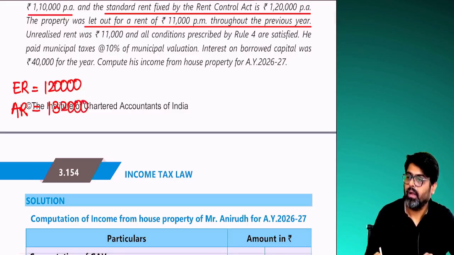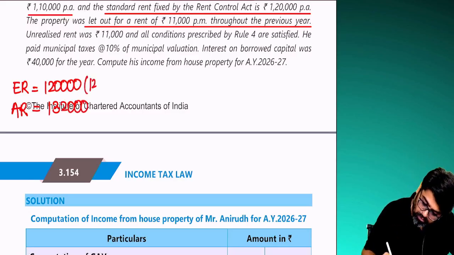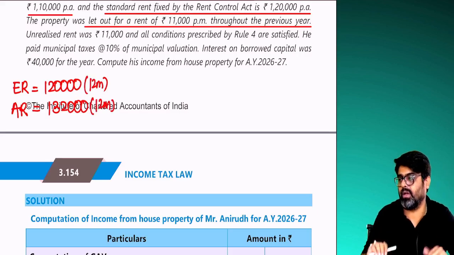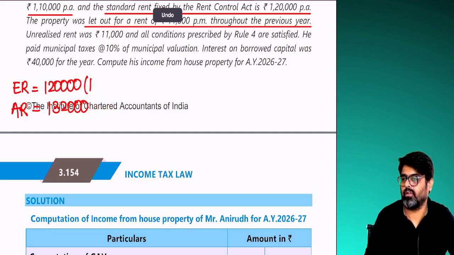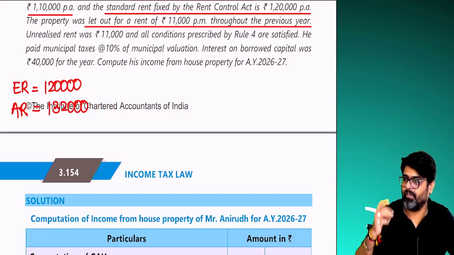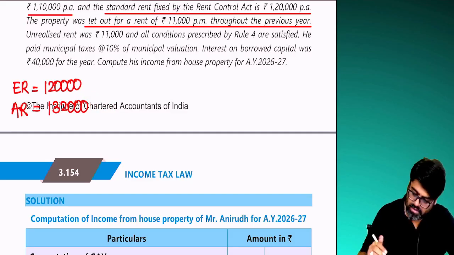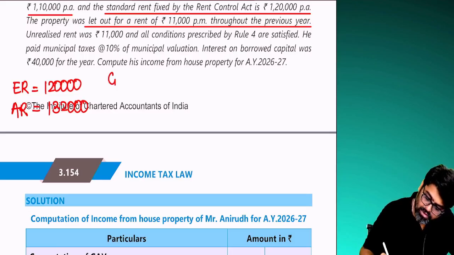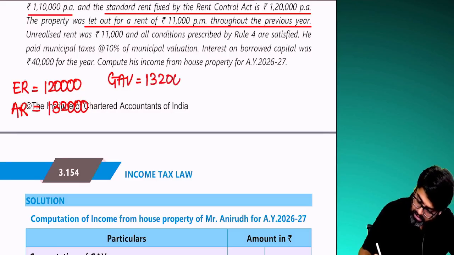If this is also for 12 months, there is no vacancy, so what do you do? Directly compare. Whichever is higher will become GAV. So your actual rent only you have taken as GAV.